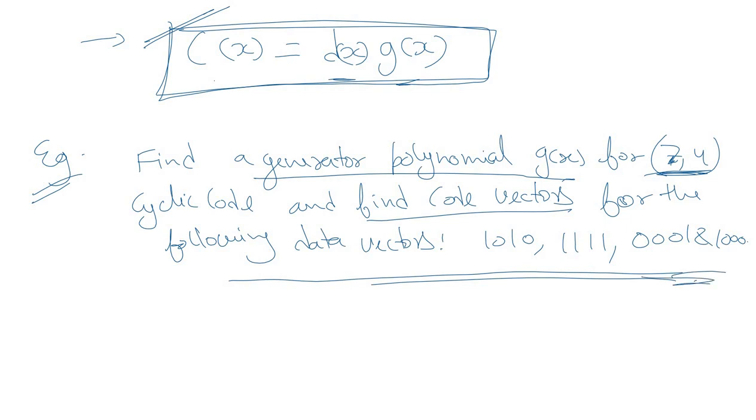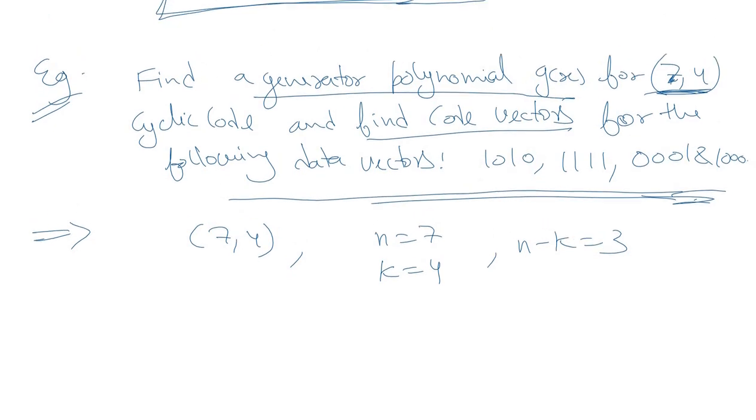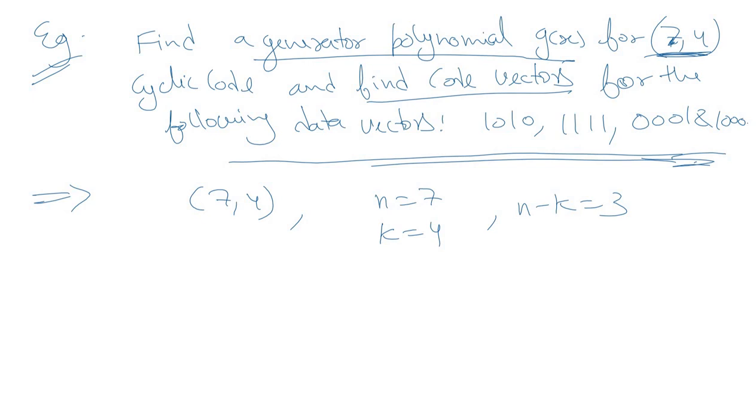Okay, let us try to simplify this question. The code given is (7,4). Value of n is equal to 7. Value of k is equal to 4. So n minus k will be equal to 3. Okay. So now if you remember, the property says that this generator polynomial g of x should be a factor of x raised to power n plus 1.